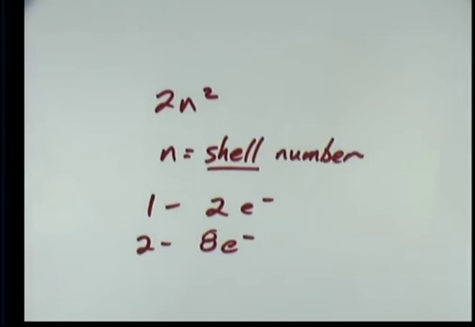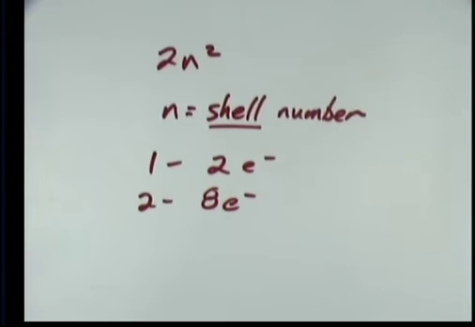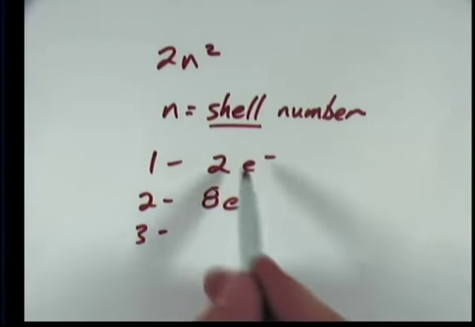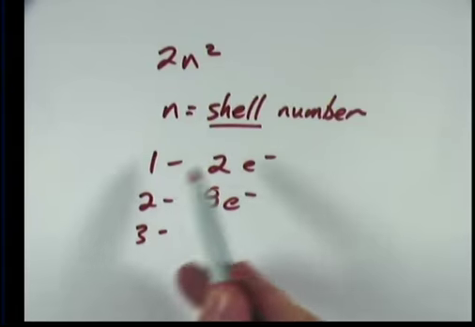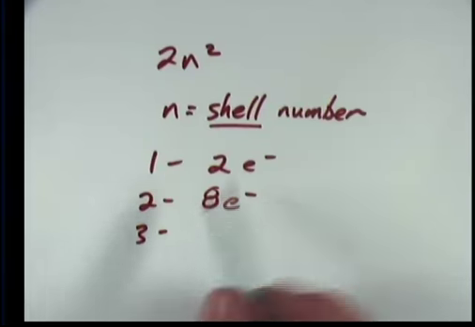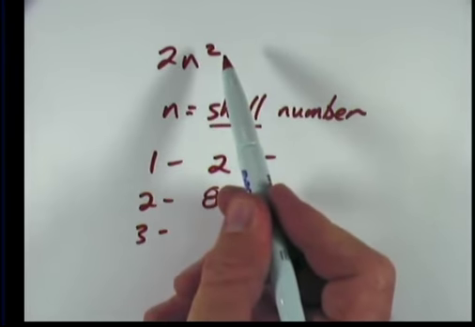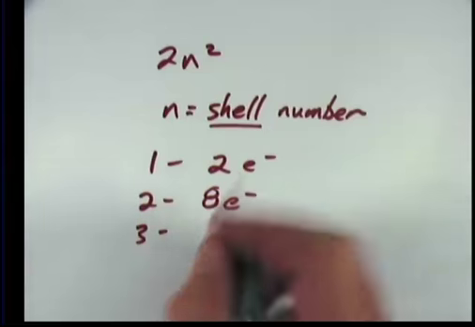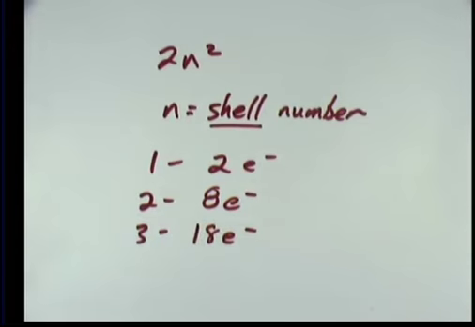Now this actually does give a reason for the shape of the periodic table that we'll describe a little bit as well. If we go up to shell number 3, now luckily when we're talking about the human body, most of the elements we deal with are up in this region, so they're a little bit easier to deal with, or at least close to those areas. But if we look at shell number 3, 3 squared is 9, and 9 times 2, there can be 18 electrons. And so you can see how that works.